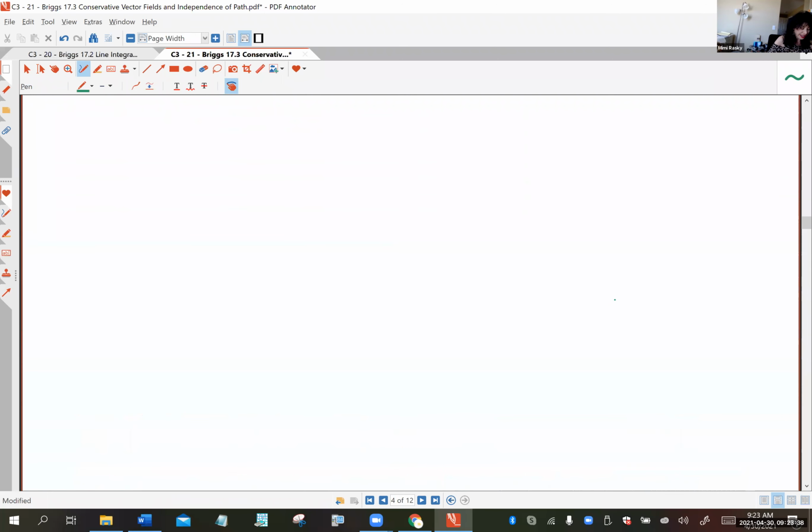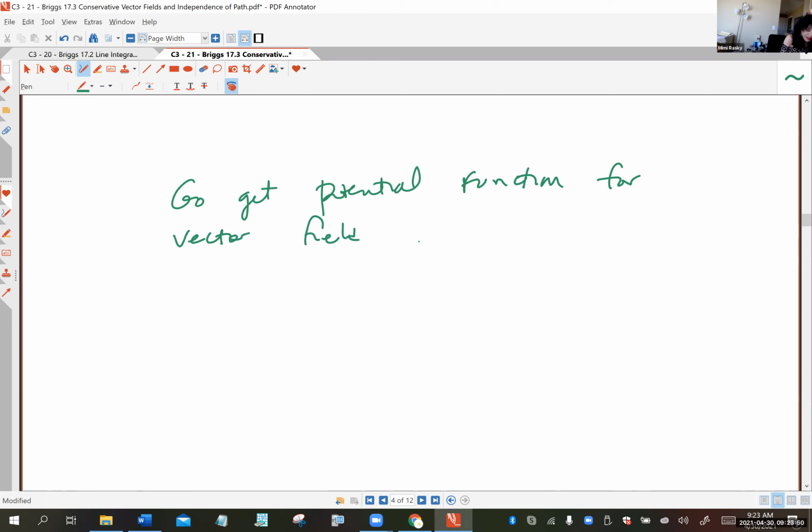So let's go do that now. So let's go get the potential function for the vector field F(x,y), which has these components, a half xy and 1/4 x squared. This is the M, this is the N.